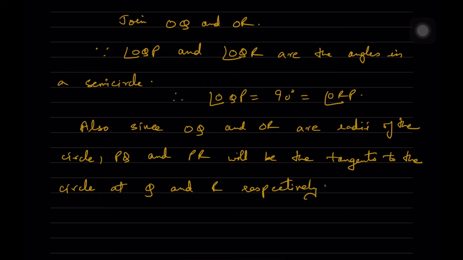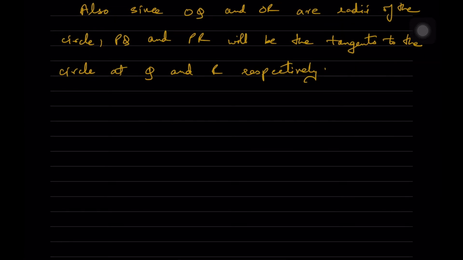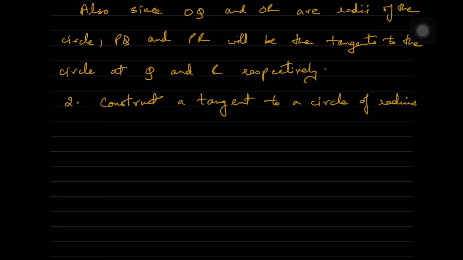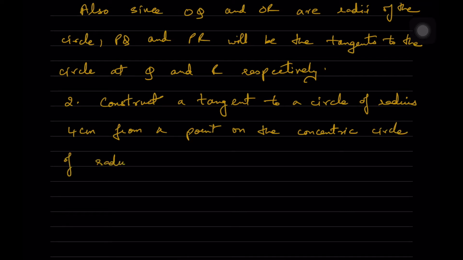Now going to the second problem. What's the second problem? Let's see here. Construct a tangent to a circle of radius 4 centimeters from a point on the concentric circle of radius 6 centimeters and measure its length.